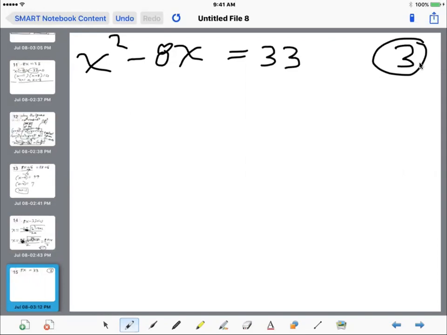I see a few people said factor out the x. And that makes math teachers crazy because everyone knows that either you're going to complete the square by adding 16 to both sides, or you're going to move everything over to one side and make it equal 0. Those are your two options. There is no third option.